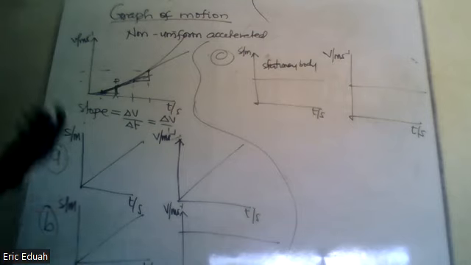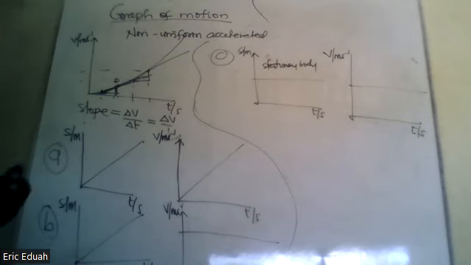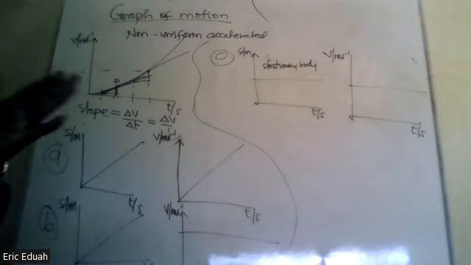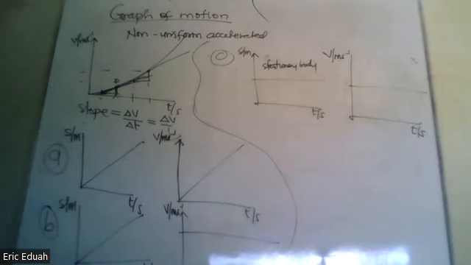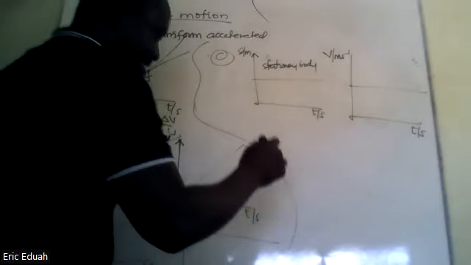And once its velocity is zero, its acceleration would also be zero. And that one, the body is not accelerating but has a constant velocity. So they are not the same. The icing on the cake is this.